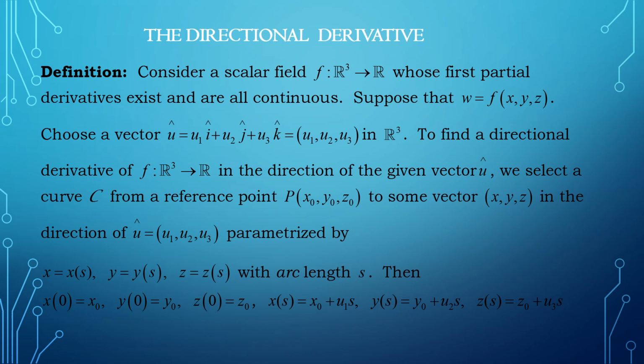Now let us choose a reference vector x0 comma y0 comma z0 in the domain space R3.